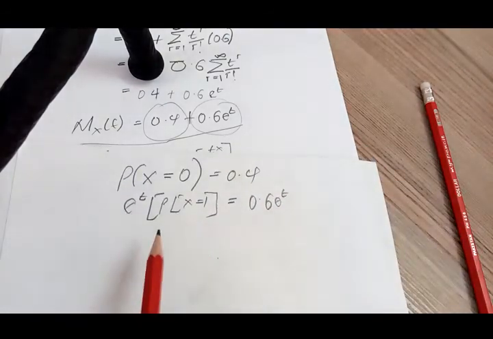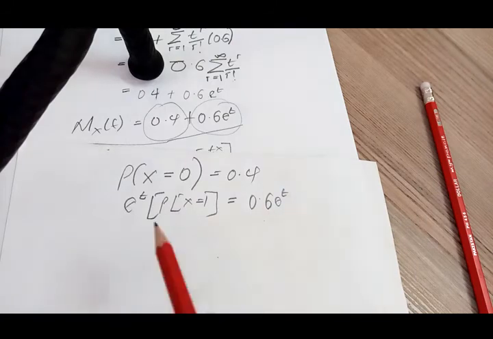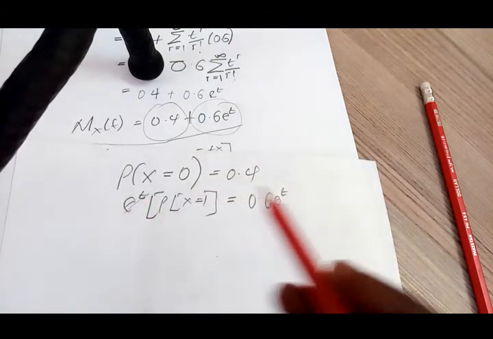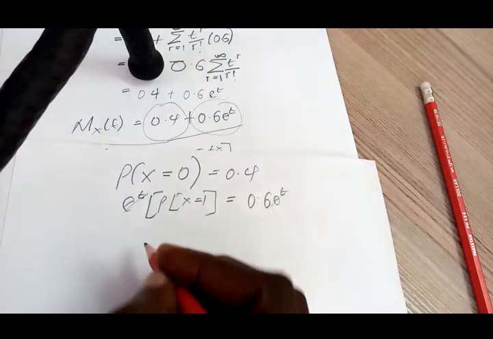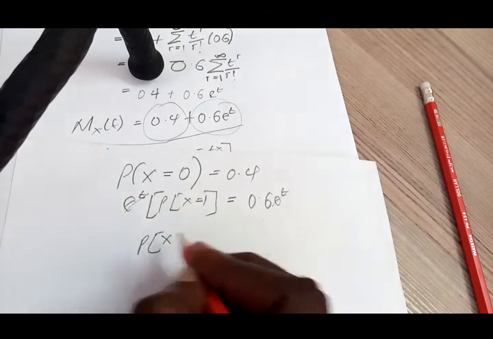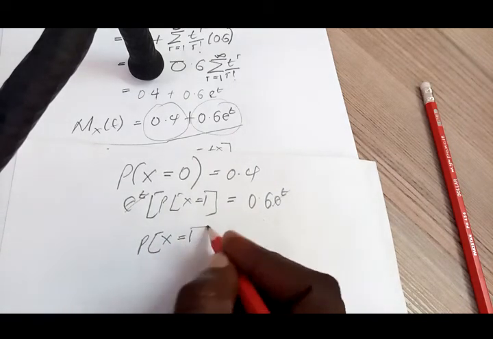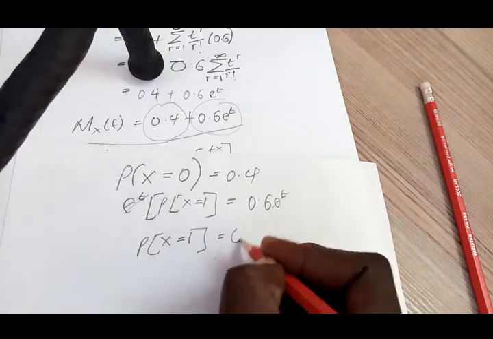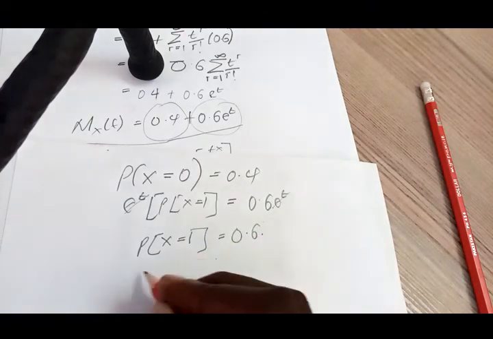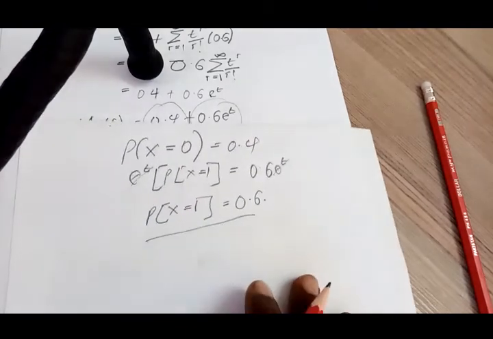So if you look at these two, one thing that should stand out is that the e to the power t basically will disappear, implying that the probability of X equal to 1 in this case will result into 0.6, and this is the result that we are looking at.